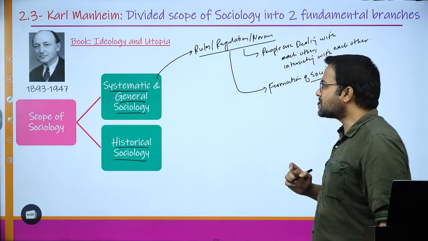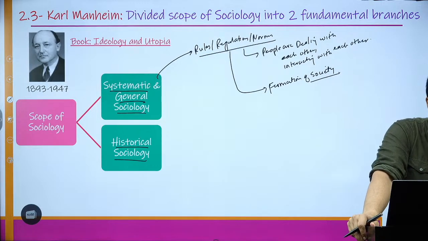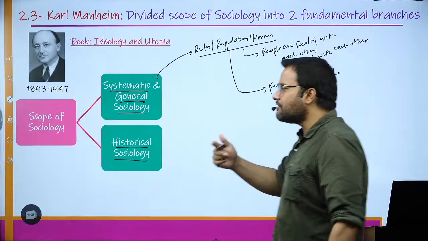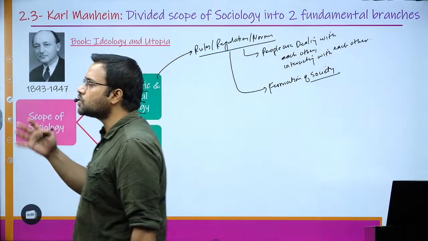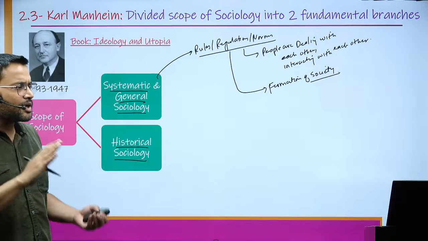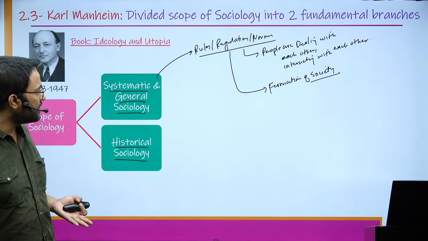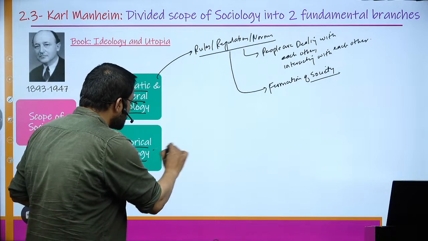So that is systematic and general sociology. Basically all these rules and regulations govern one's social life. The whole social life is governed by rules and regulations because they set your dressing pattern, eating pattern, interaction pattern, everything. And what about historical sociology?